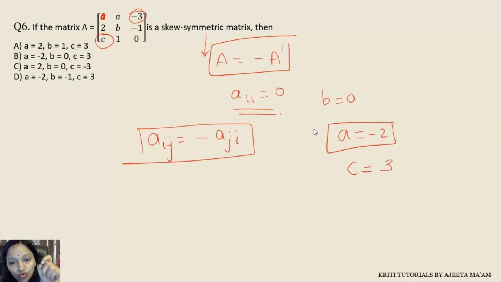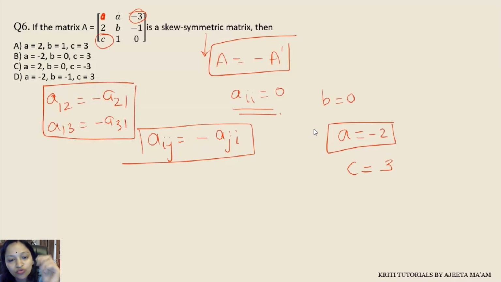So A12 will be compared with A21. A13 will be compared with A31. Right? So what will be the relation between A12 and A21? A12 is minus A21. A13 is minus A31. So now we will use these two conditions and get the values of A, B and C. Our diagonal elements are all 0, therefore B is 0. So this is how we get it.